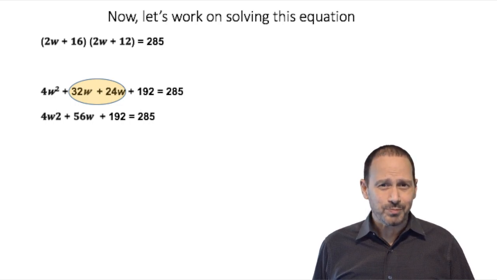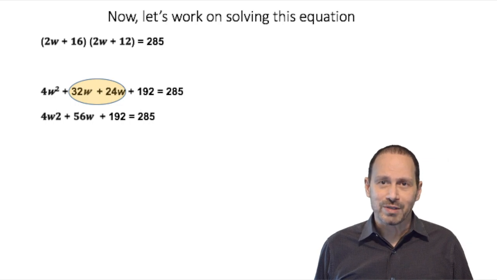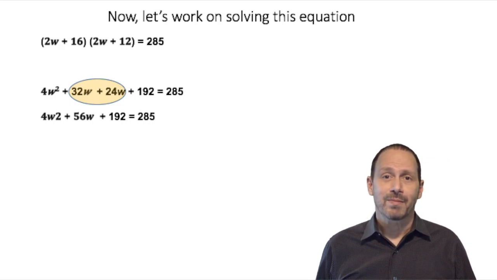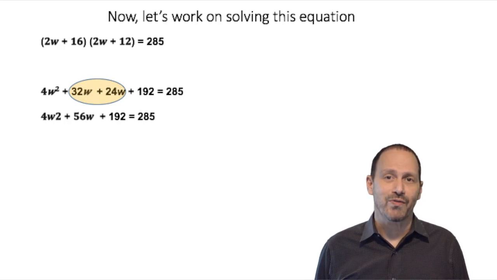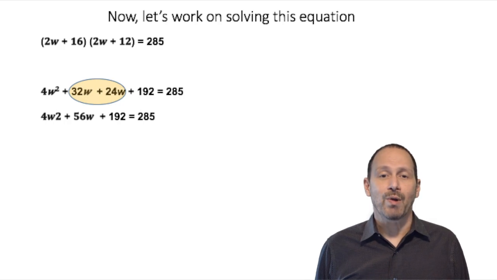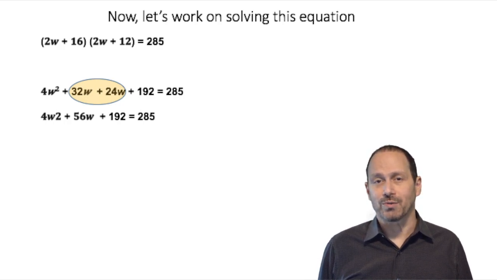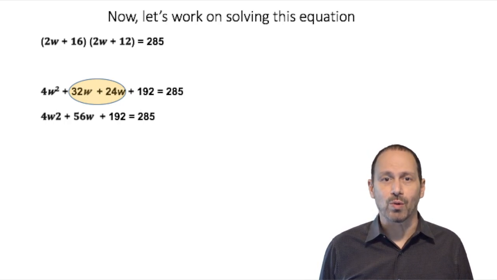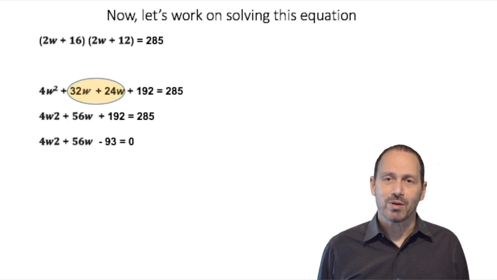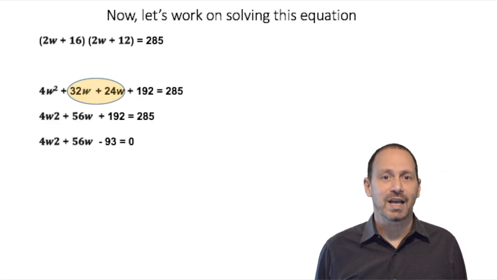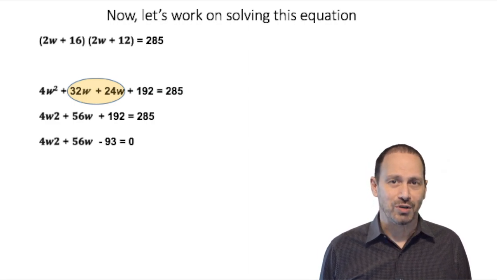Now, in order to solve this equation, we can make it equal to 0 so that we can use factoring. Let's do that. When we make the equation equal to 0, we get 4W squared plus 56W minus 93 equal to 0.